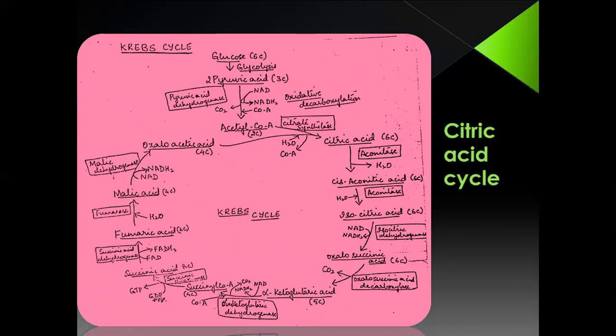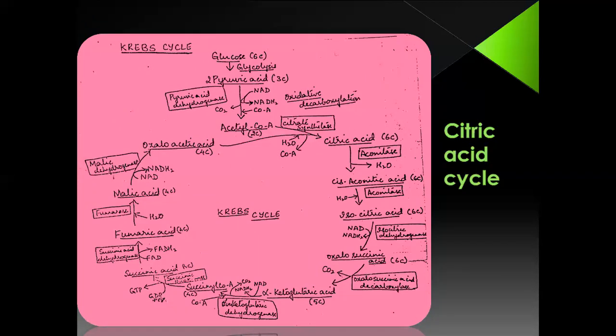And as I said, a single NADH2 molecule can give 3 ATP molecules. Hope you still remember when we were discussing glycolysis, a NADH2 molecule can in turn release 3 ATP molecules. If you simply count in the Krebs cycle, we have 8 NADH2 molecules.